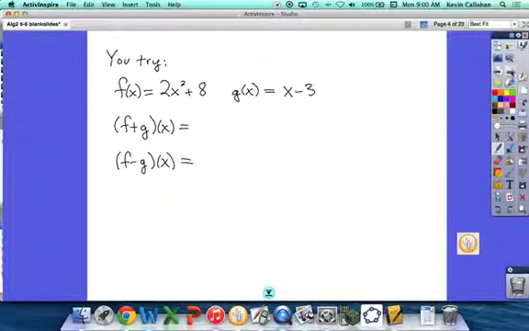How many have finished the addition one? Yeah, you finished it? Let's see what you got. x squared plus x plus 5. And the other one, 2x squared. What happened to the x?